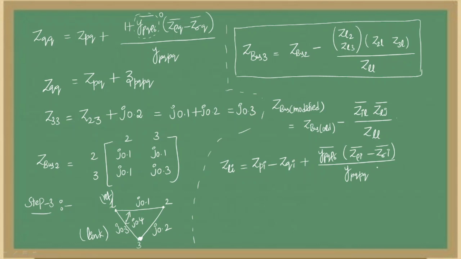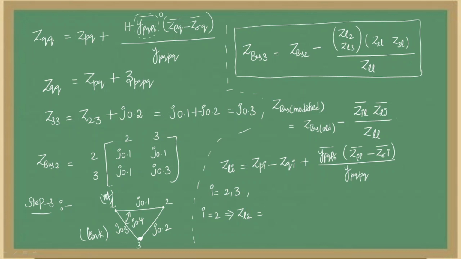Now, what can be I value? So I values can be considered from 2 to 3 because I is equal to 2 comma 3. 2 and 3 are already created nodes of the previous partial network, hence I is equal to 2 comma 3. Now for I is equal to 2, it becomes ZL2, right? And it is equal to, what is P?